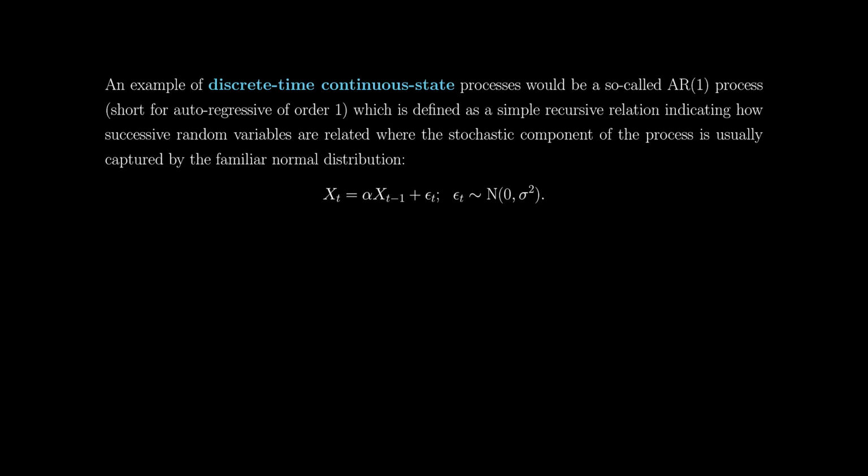An example of a discrete time continuous state process would be a so-called AR1 process, which is short for autoregressive of order 1. Which is defined as a simple recursive relation indicating how successive random variables are related in time, where the stochastic component of that iterative relationship is typically captured by a familiar normal distribution.